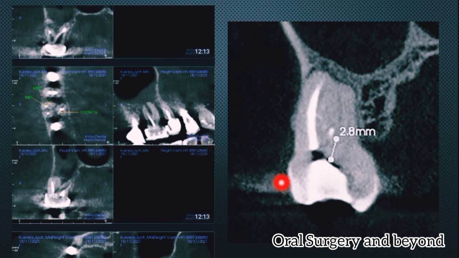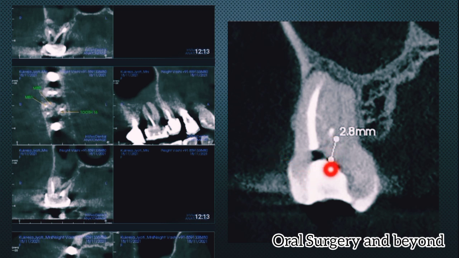CBCT is also helpful for identification of accessory canals before endodontic treatment. In RCT cases, sometimes we find that we are not getting good results. The patient is having some symptoms after the RCT also. So for such cases, sometimes dental surgeons advise identification of accessory canals.